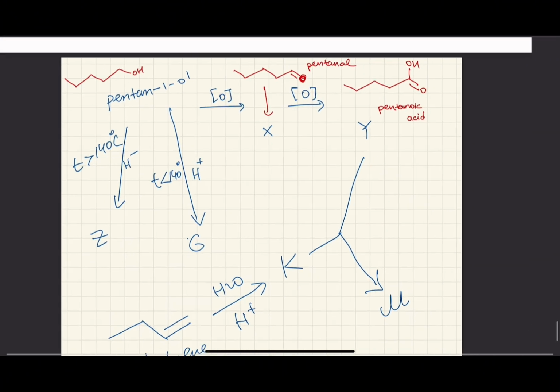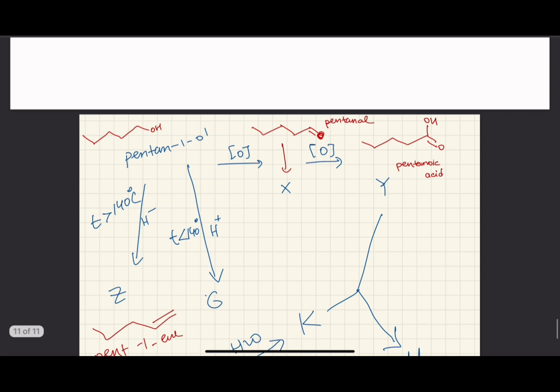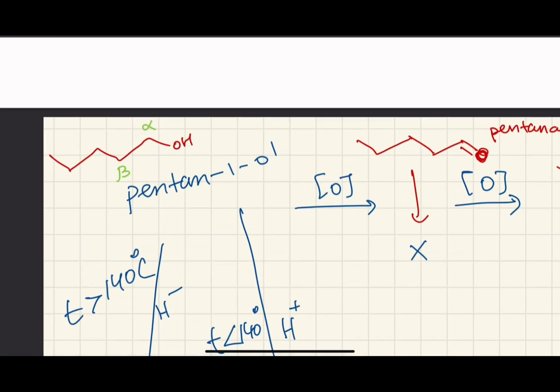And then if I increase the temperature of the pentanol to more than 140 degrees Celsius, I will make an alkene. So I'm going to get an alkene like that. That's Z, pent-1-ene, because this one is the alpha carbon, this is beta.